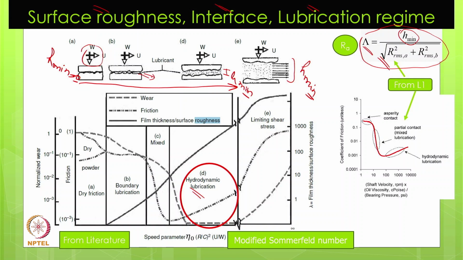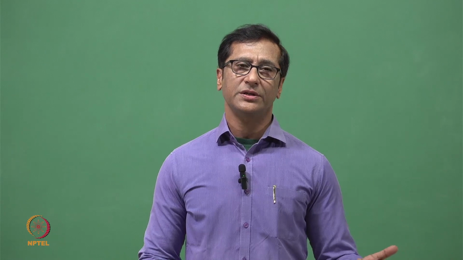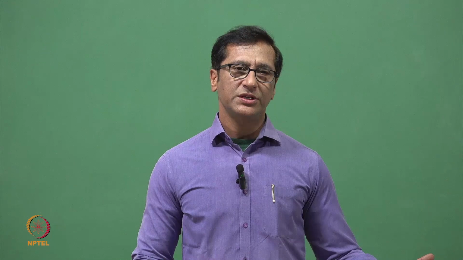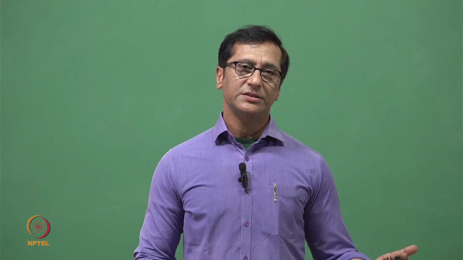Now here it is something like mixed lubrication or boundary lubrication. It is difficult to differentiate between mixed lubrication and boundary lubrication. People have used the words boundary lubrication and mixed lubrication, but I believe mixed lubrication itself is the right word. The reason being, a few asperities are coming into contact, a few asperities are not coming into contact, and there is a separation.